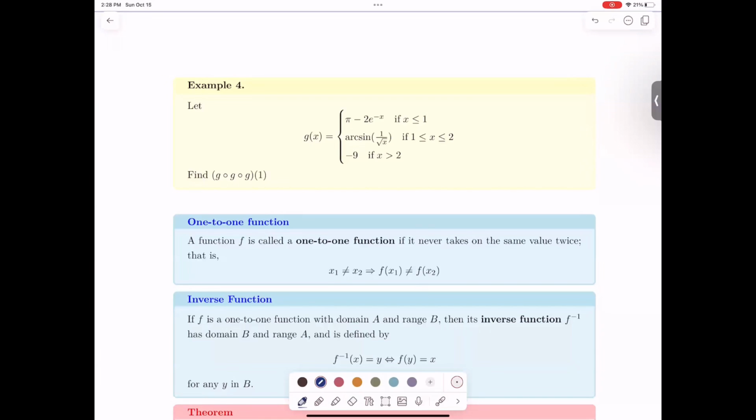What happens to g of x? Oh, I think I typed it wrong. My bad. Here should not include 1. Let me remove it. Sorry, guys. Here should not include this.